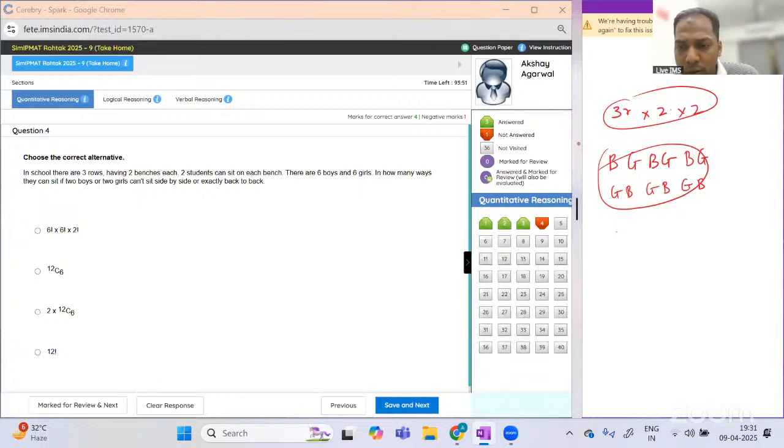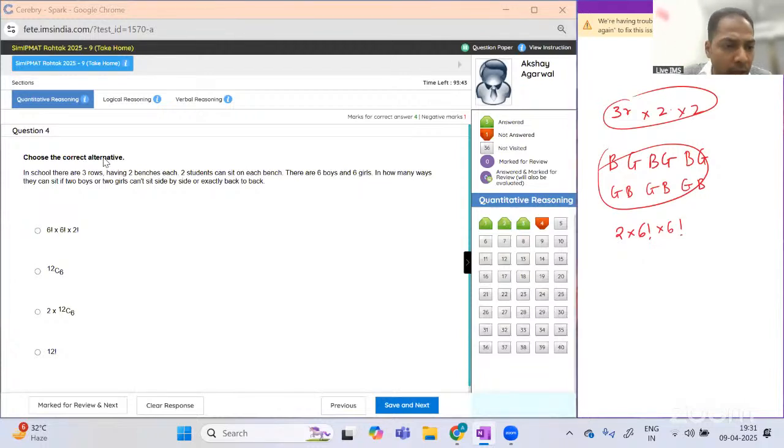So that's 2 into 6 factorial into 6 factorial. The way I see this happening. And I'm not sure about the others.